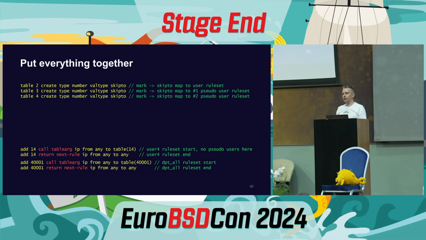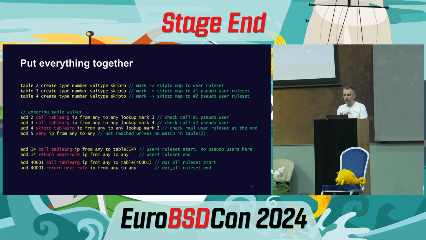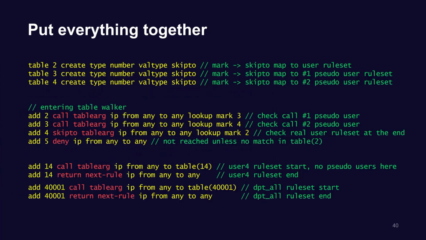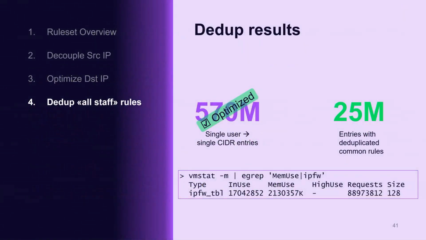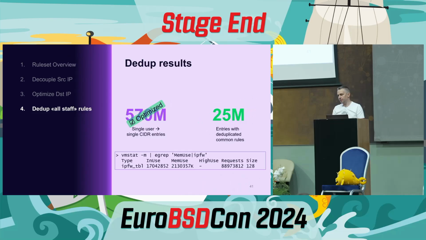We create a set of tables that are responsible for converting mark to the rule set numbers to skip or to call. And we need a special thing we call table walker that is responsible for looking up mark and choosing where to jump into the rule set. That is the way, basically, how we converted all these entries down to 25 million table entries in our rule set.